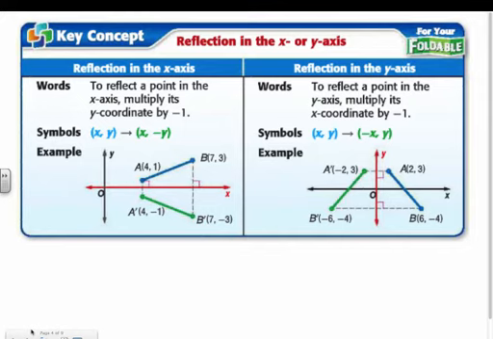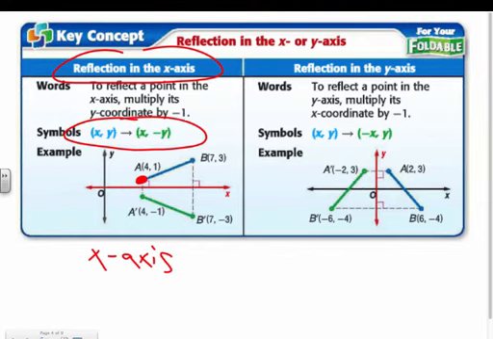Let's look at this left one here. To reflect it on the x-axis, okay? So if I'm going to reflect on the x-axis, that means I have a point up top, and I'm going to reflect it across the x-axis. Let's look at this point A right here at (4, 1). If I'm going to reflect it on the x-axis, all I have to do is this little rule. The x doesn't change, right? It's still the same distance in the x direction. It's over 4 when it gets reflected.